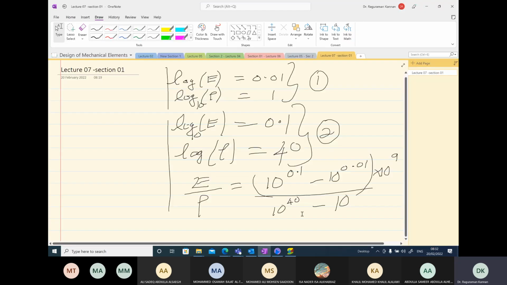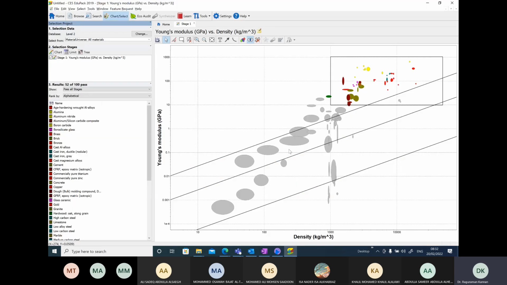Okay, so it is not necessary to write down the values and figure out the E over rho ratio. When I ask you to solve problems, I will not ask you to figure out the values of E over rho. I will ask you to find the general method where I want to maximize my E over rho ratio. When I draw the lines and move in this direction up, it will automatically get maximized.